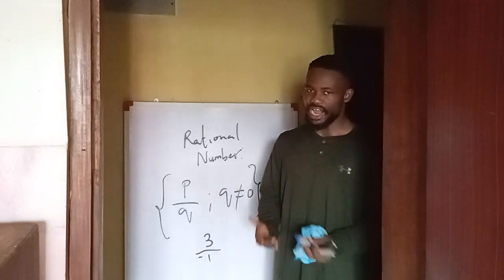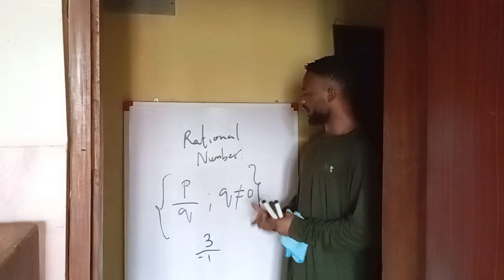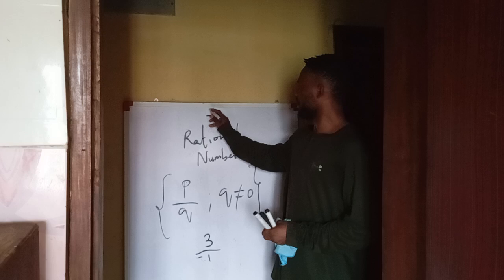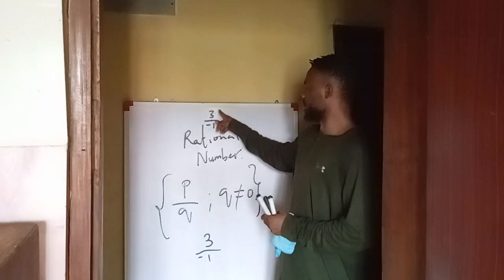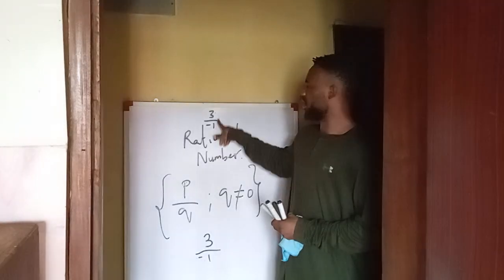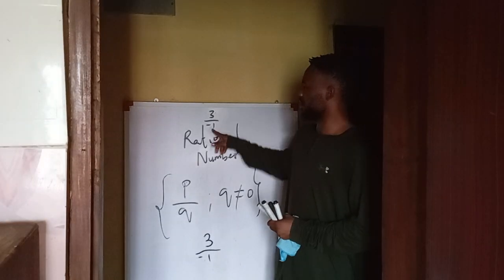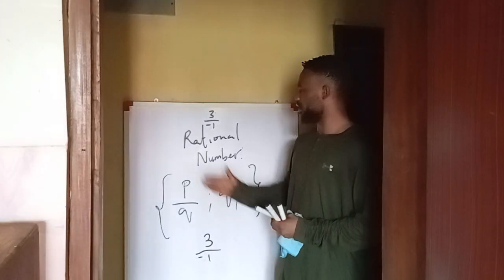And you know that by default, see what I said? If I have 3 all over minus 1, this is a positive whole number, this is a negative whole number, and this is an integer, this is an integer. So ratios of integers is what we call rational numbers.